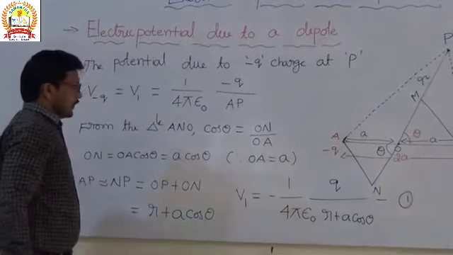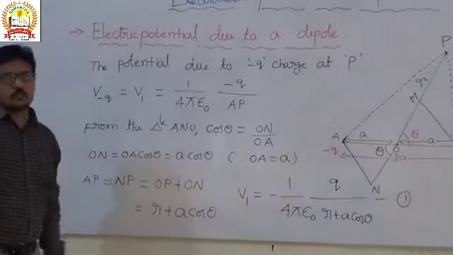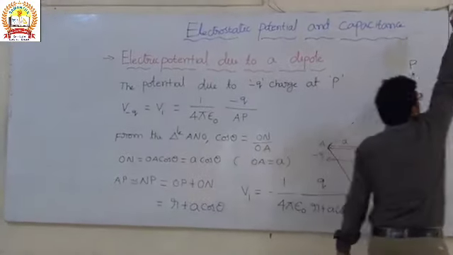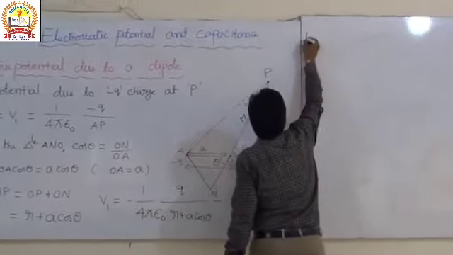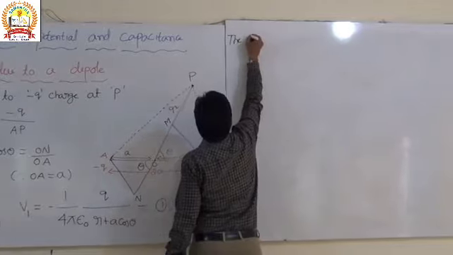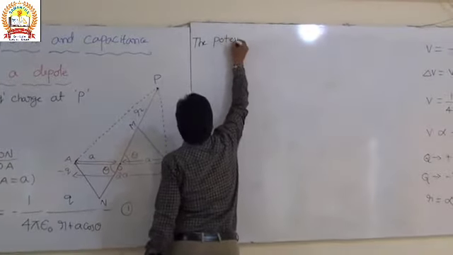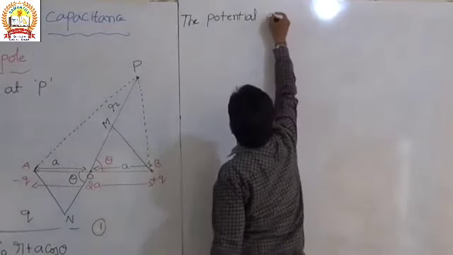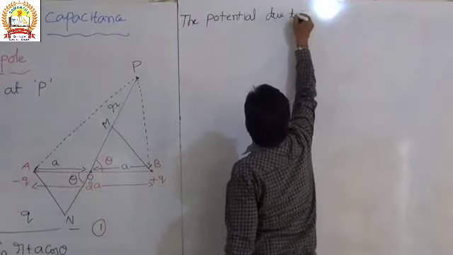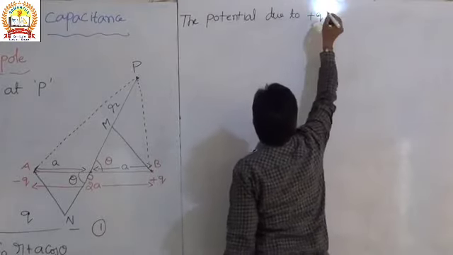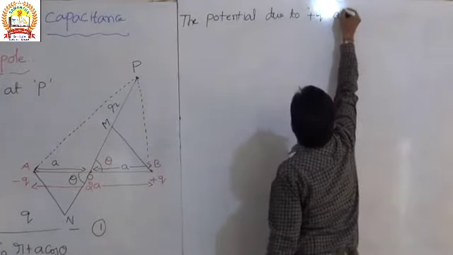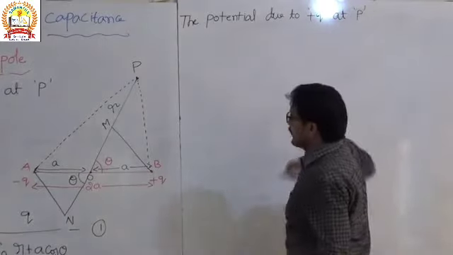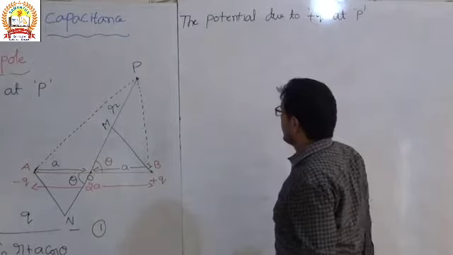And then the potential due to the positive charge at point P. What is the potential due to the positive charge at point P?